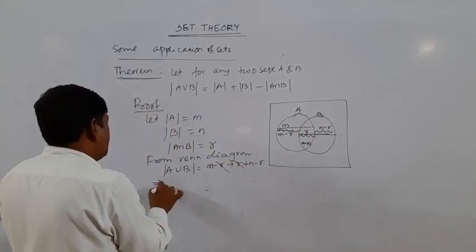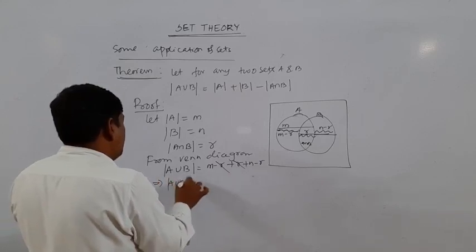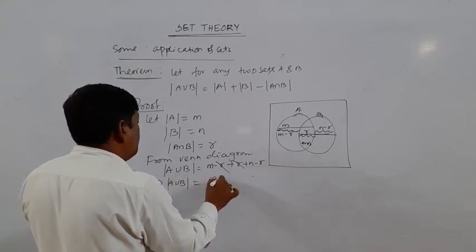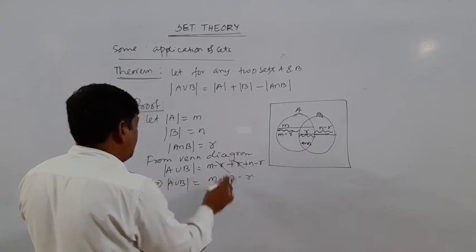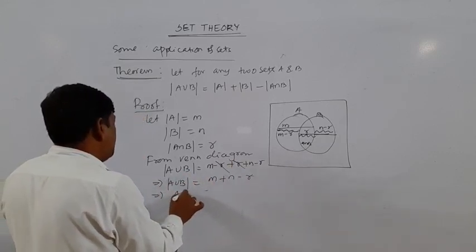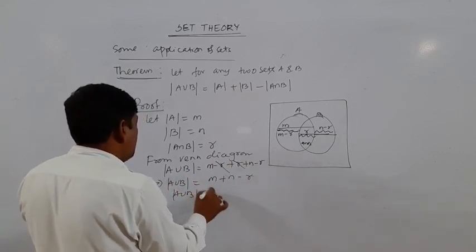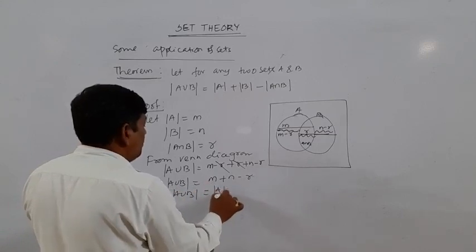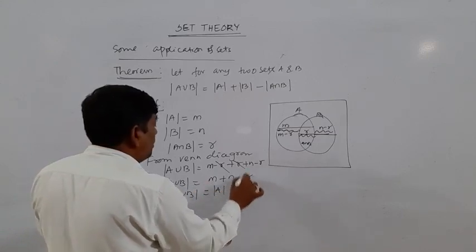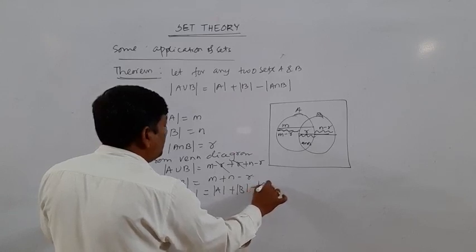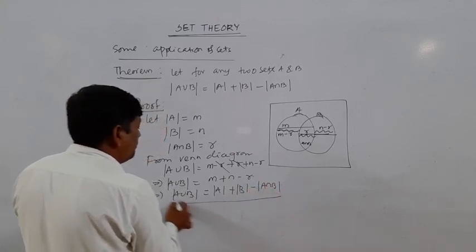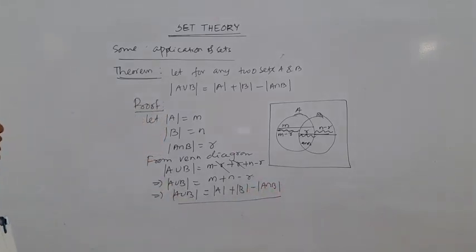That implies the cardinality of A union B is equal to m plus n minus r. Here m means cardinality of A, n means cardinality of B, and r means cardinality of A intersection B. This is proved.